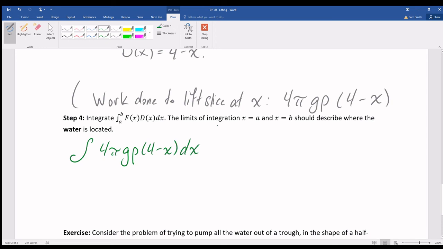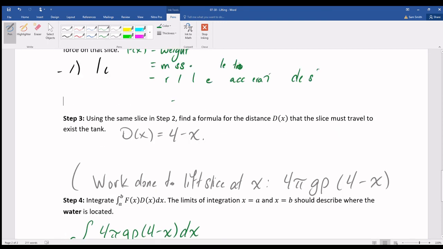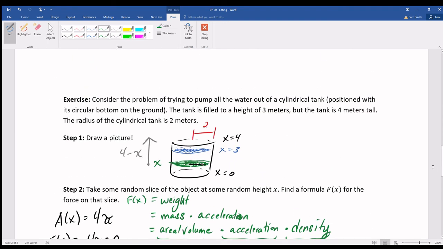But what should our limits of integration be? We have to be careful. The limits of integration should not be from 0 to 4, because there's no water to lift up here at x equals 4. The water that we have to lift only exists between the limits x equals 0 and x equals 3.